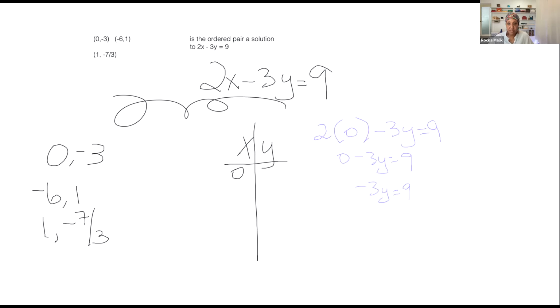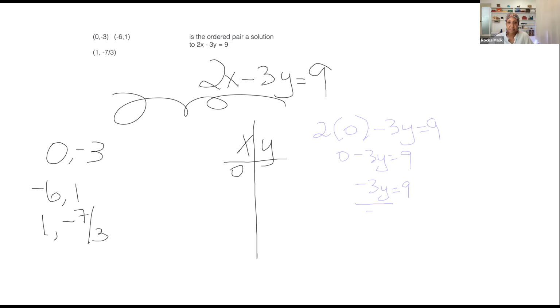I'm going to divide this by -3 and the other side by -3. I'm left with y equals 9 divided by -3, which is -3. So y equals -3. So this is a solution, yes.